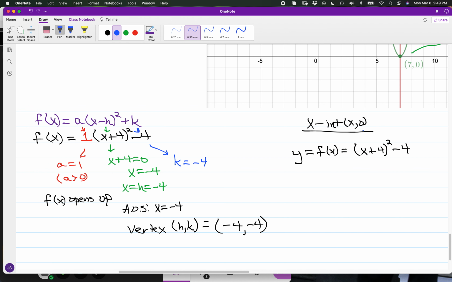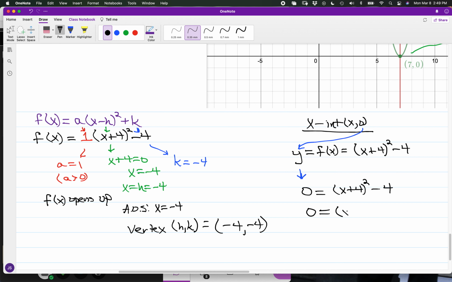And again, we're setting y equal to 0 as we solve for x. So in this case, we have 0 is equal to the square of x plus 4 minus 4.